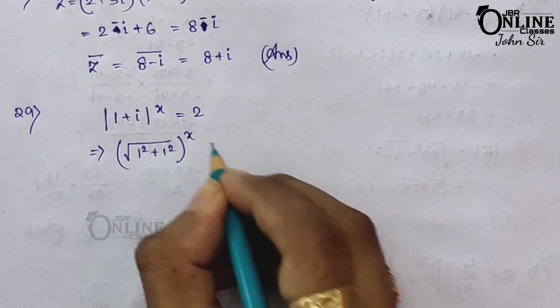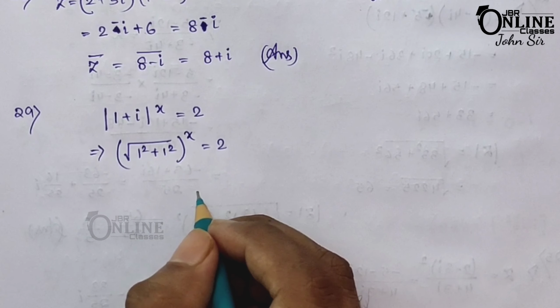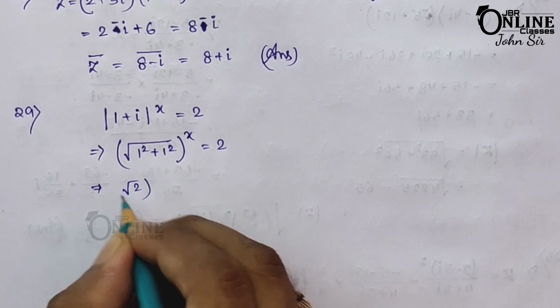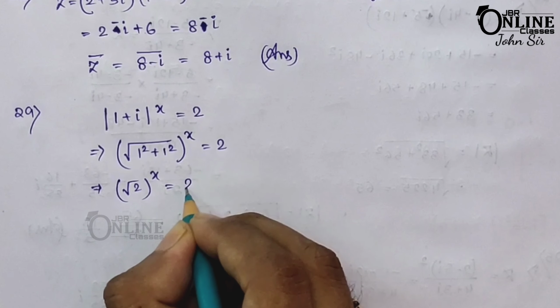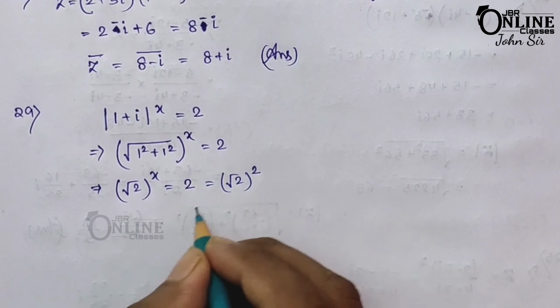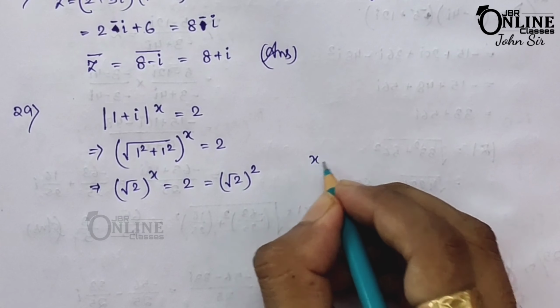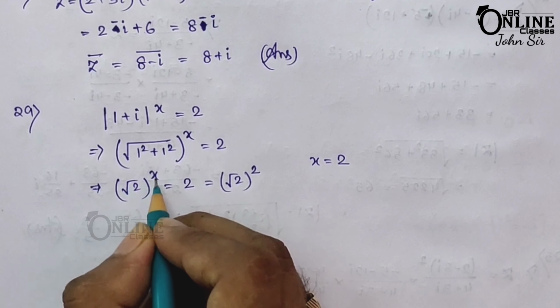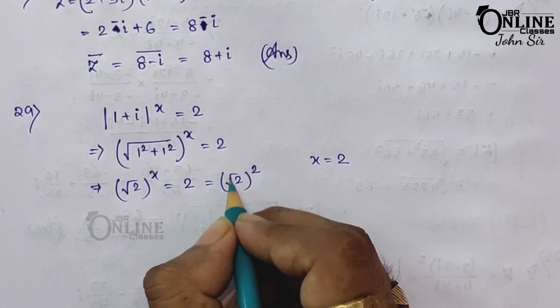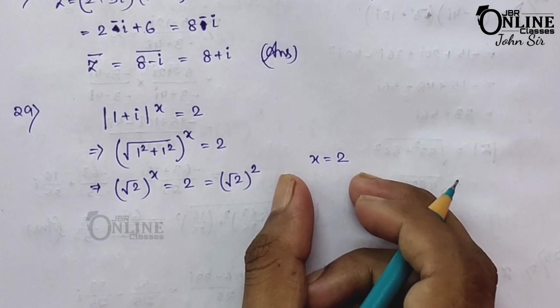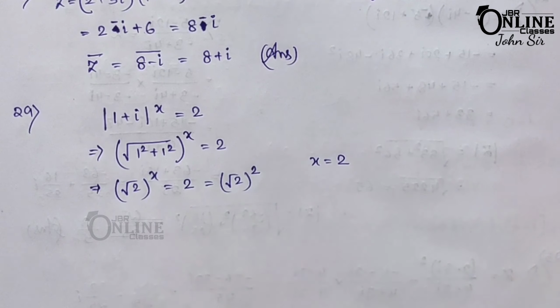Then to the power x equals 2. So that one is root 2. So root 2 to the power x equals 2. Now you know that 2 means root 2 whole square. So by comparing both sides, x equals 2, because on the left hand side you have root 2 to the power x, and on the right hand side you have root 2 to the power 2. That means these two powers will be same. So here x equals 2.